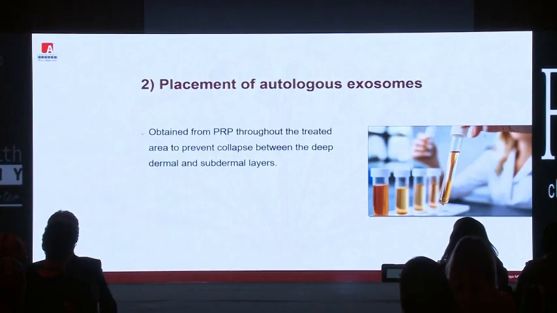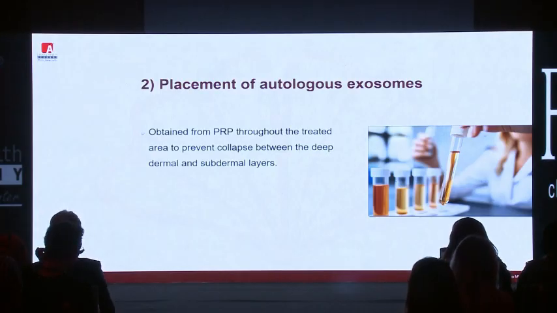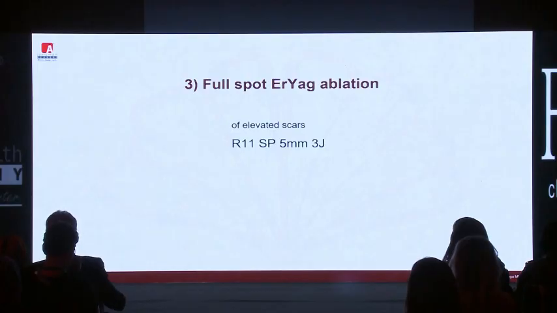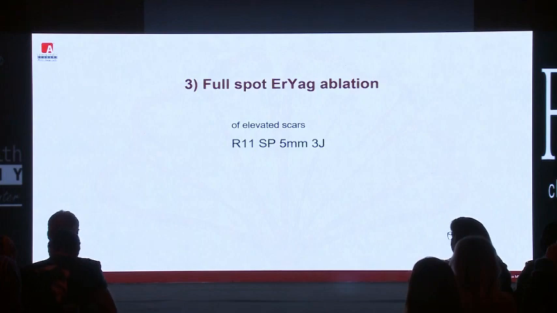The second step was to introduce the autologous exosomes obtained from the PRP to prevent the collapse between the different planes of the skin produced by the inflammation reaction immediately. After that, I use the full spot Erbium-YAG ablation on the elevated part of the scars with those parameters.